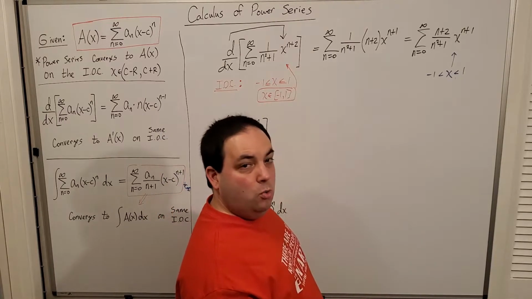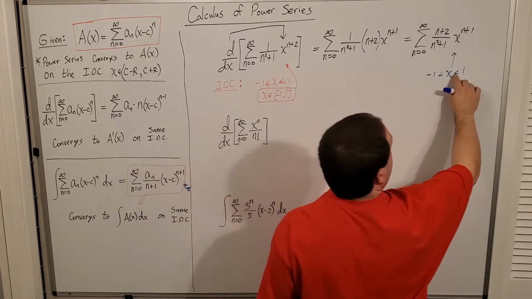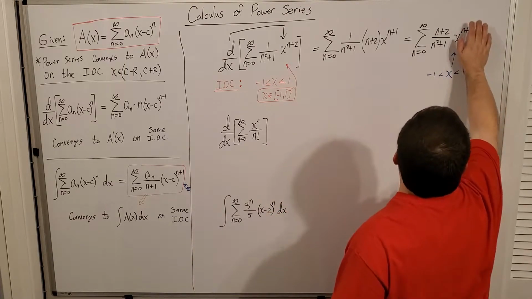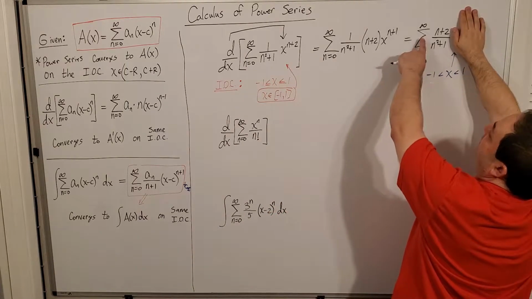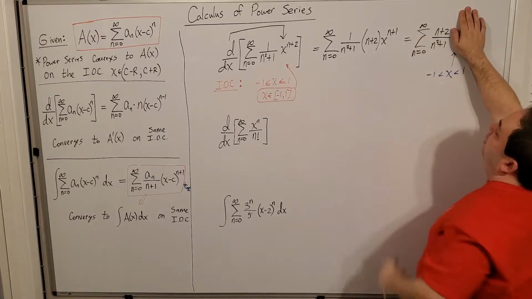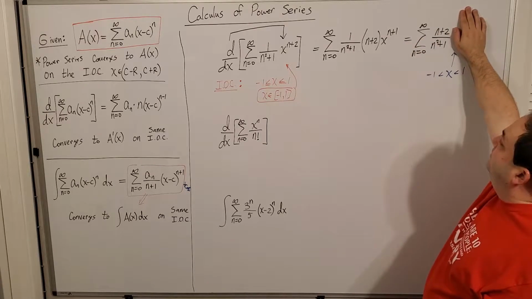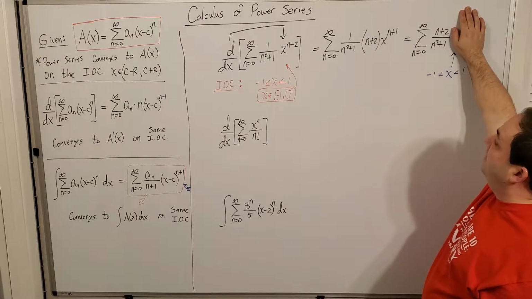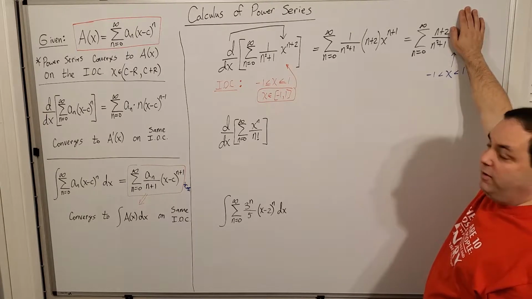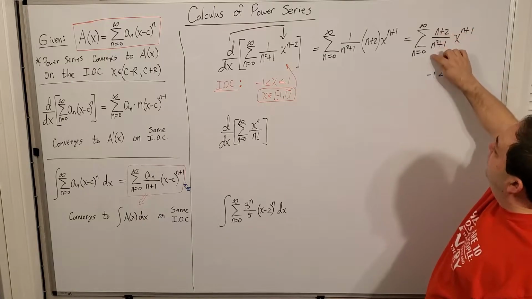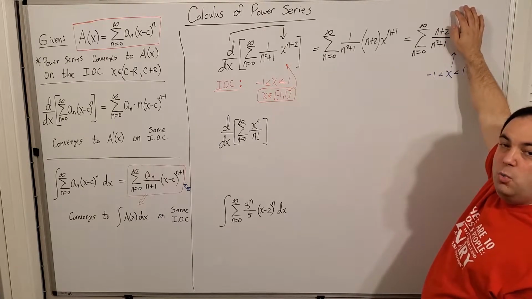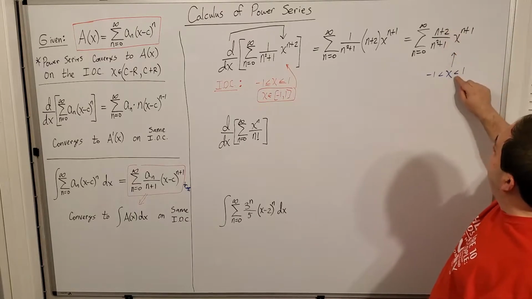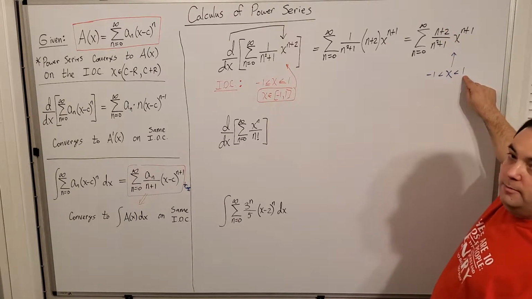But now, when I test the endpoints, if I plug in 1, then 1 to any power is 1, and I'm left with the infinite sum of n plus 2 over n squared plus 1. And when you go to look for convergence of that, I can compare it to a series, but since I have n over n squared, that compares to 1 over n, which diverges. Okay? So that means I can't include the 1.